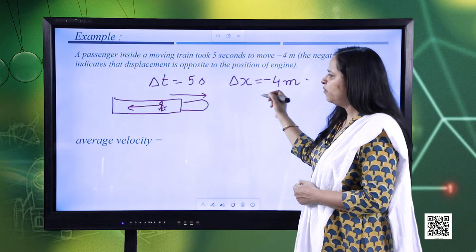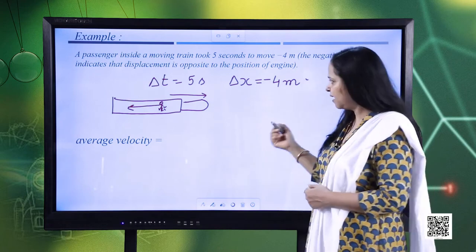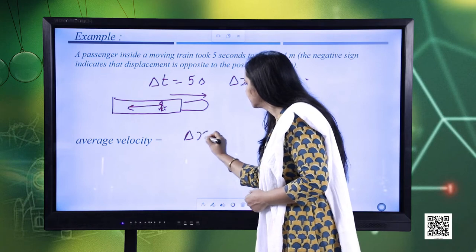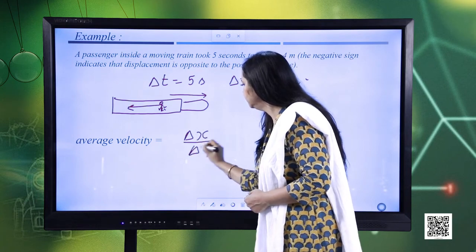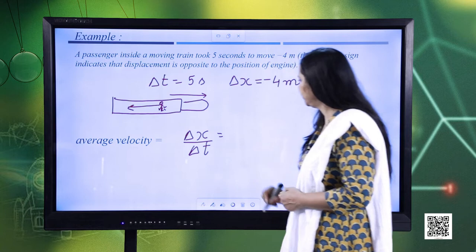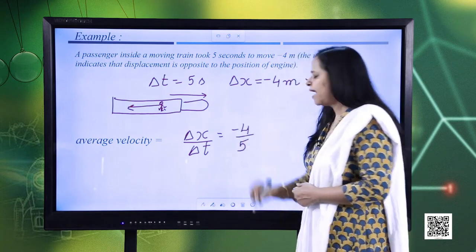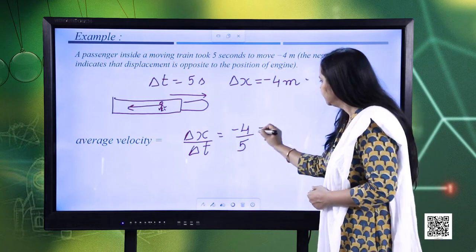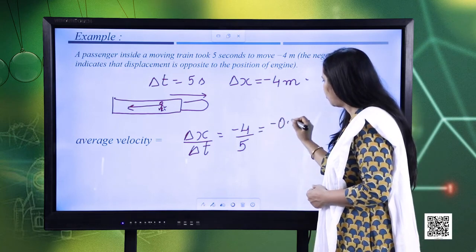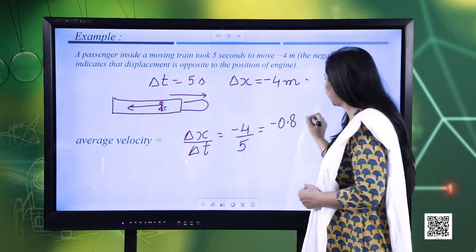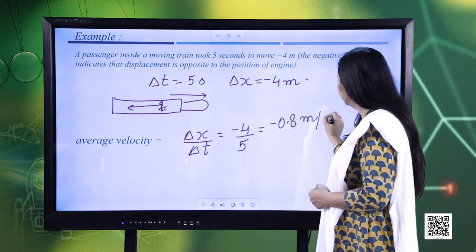Now what will be the average velocity in this case? We know average velocity is delta x over delta t. Substituting the values, we get minus 4 by 5, which gives minus 0.8, and since distance is in meters and time is in seconds, the unit will be meters per second.